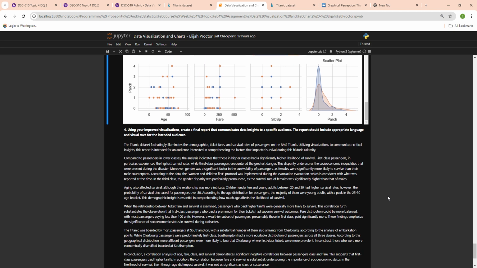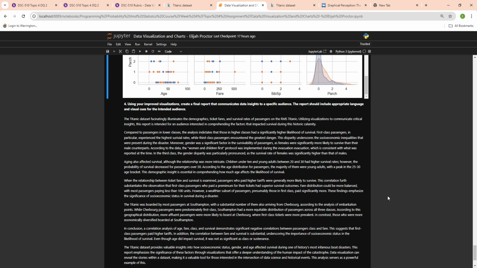And so lastly, we're going to talk about the report that communicates data insights to a specific audience. This Titanic data set reveals important information about passenger demographics, ticket fares, or how much their tickets were, and their survival rates. This report uses visualizations that help explain how factors like class, gender, age, and ticket prices impacted survival during this disaster.